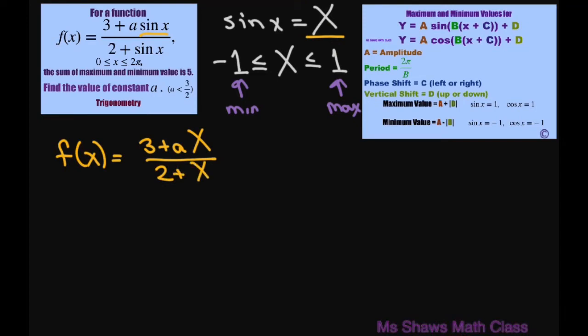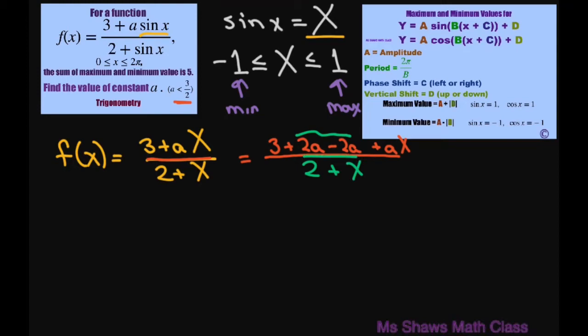All right, a way to simplify this for what we need is I'm going to go ahead and take my numerator and write 3 plus 2a minus 2a plus a times big X. So basically this right here is 0, but it's going to help me simplify this. If I do this, this equals 0, so I'm adding this.